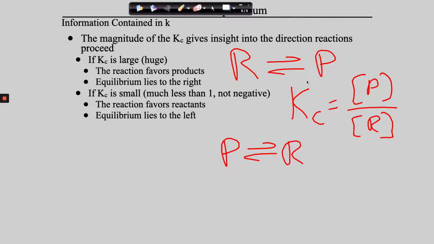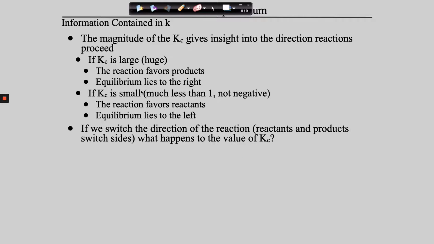What would that do to the value of Kc? What would it do to this fraction? Flip it over. And when we flip a fraction over, mathematically that means it's 1 over Kc. So you just need to know that if we switch the direction of the reaction, then Kc flips over as well.